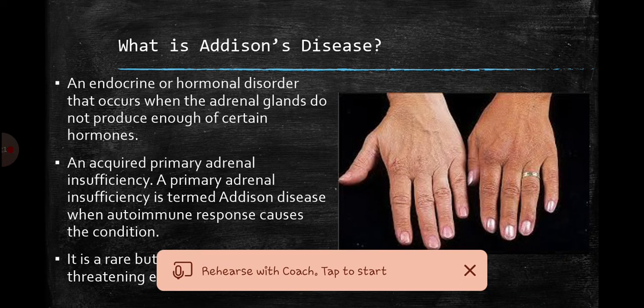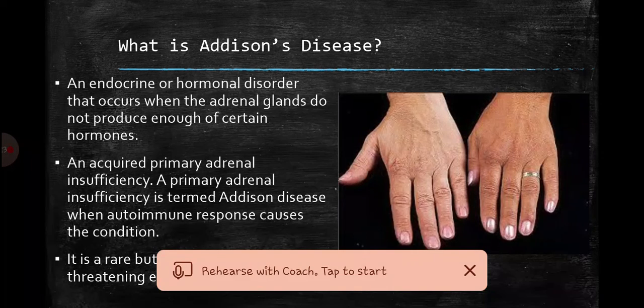It results from bilateral adrenal cortex destruction leading to decreased adrenocortical hormones, which may include cortisol, aldosterone, and androgens. Addison's disease's insidious course usually presents with glucocorticoid deficiency followed by mineralocorticoid deficiency.